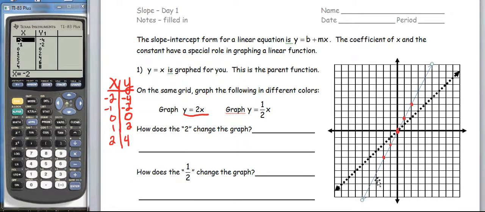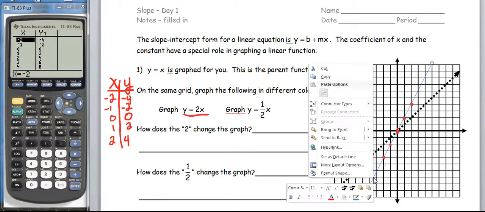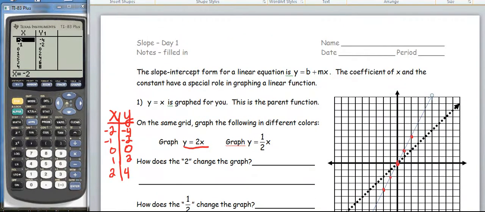I can adjust it, and I can also change the color. So let me change the color on that so that we can see the red line. We'll make that a red line. See if we can make that a little darker for you. There we go. Nice red line.